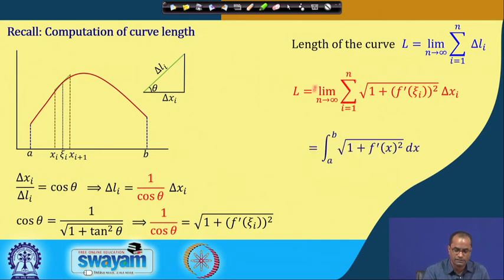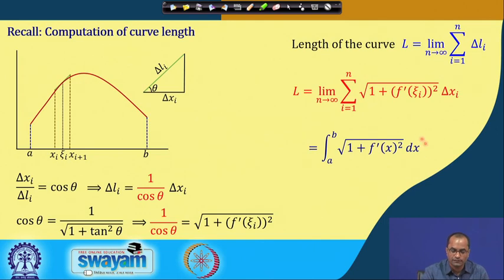So, if this limit exists, we can denote this in terms of the integral from a to b, the domain a to b, of the square root of 1 plus the first derivative f prime whole square dx.